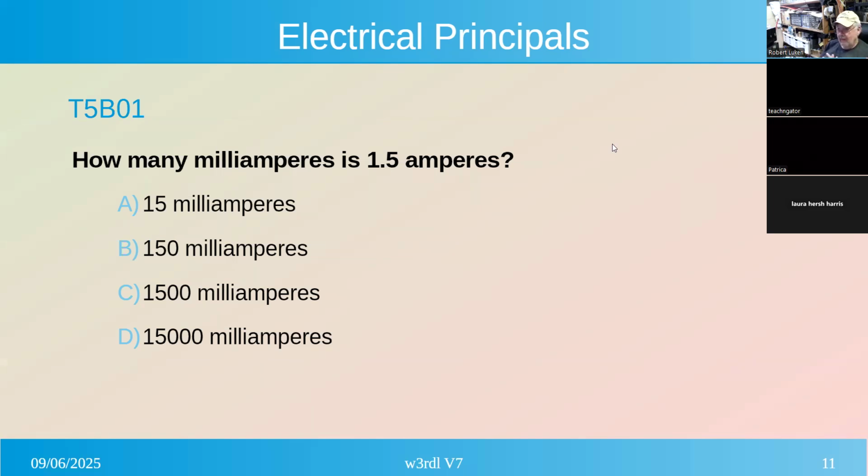Here's one. How many milliamperes is equal to 1.5 amperes? So remember, what's the ratio between milliamperes and amperes? How many milliamperes are in an ampere?